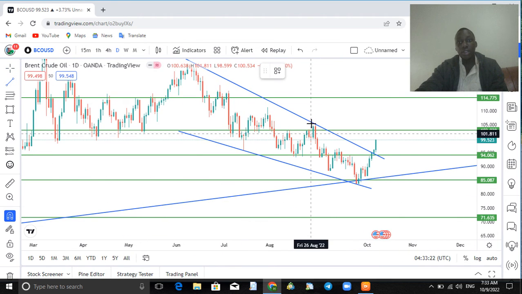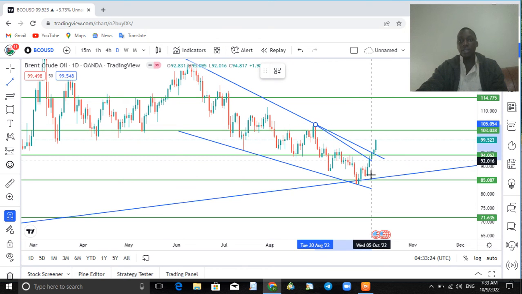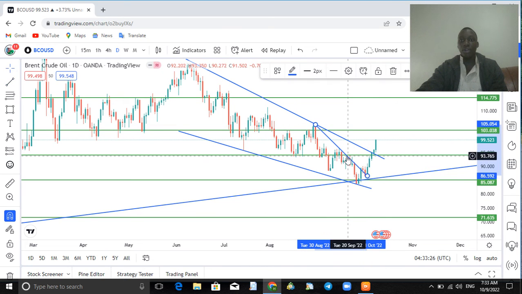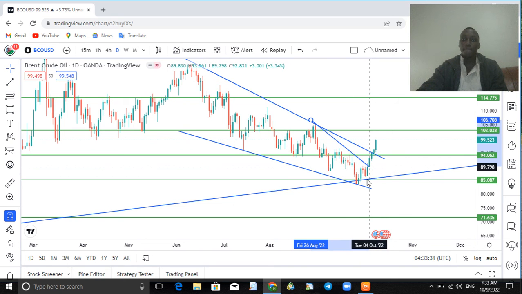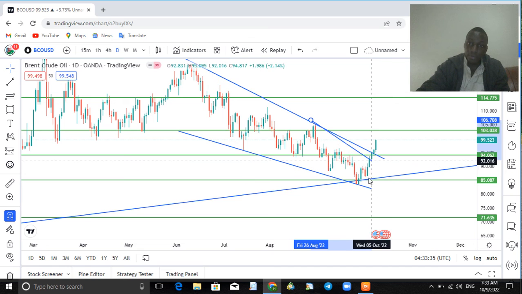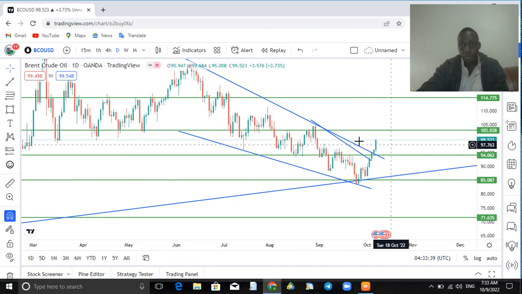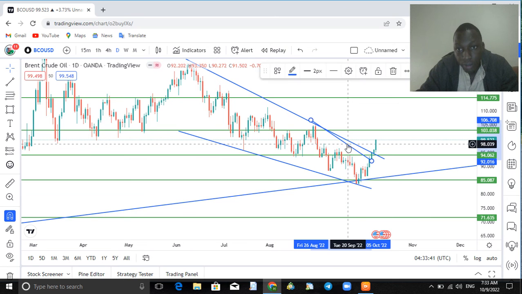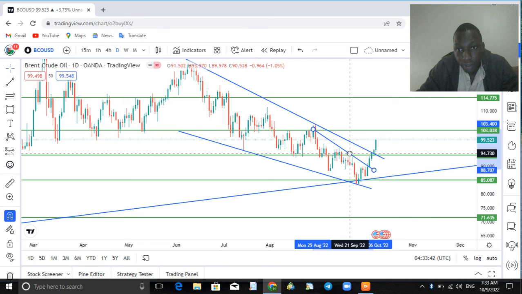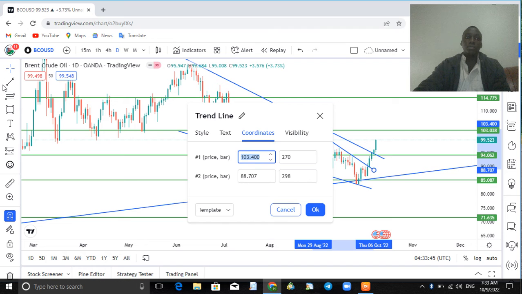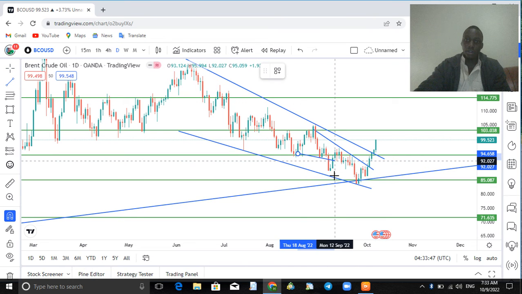Now for those who entered for buys in this trade of oil, I think this was our perfect entry. I want this trend line to be perfect. Okay, and we also have this.